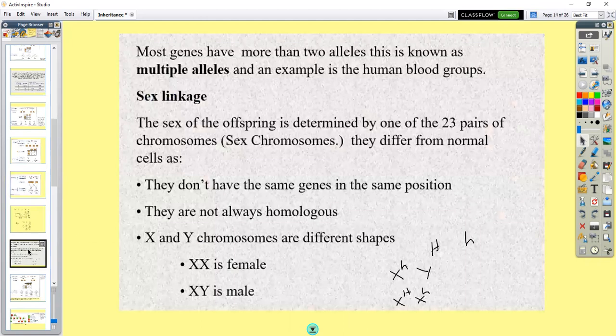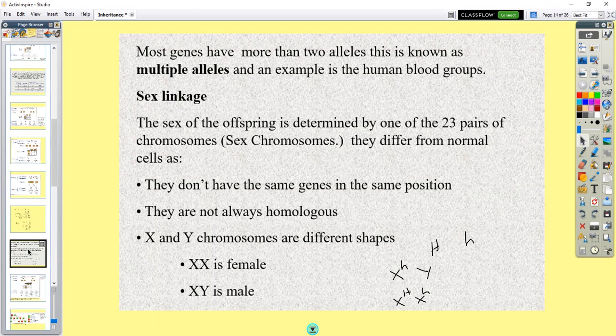Okay. Also, conditions can be linked to the sex chromosomes, so carried on the sex chromosomes essentially. Usually this is on the X chromosome. In the case of, for example, hemophilia, which is a recessive disease, it is just carried on the X chromosome, so there's no little letter on the Y. Males could either be X small h Y or X big H Y. Females can be X big H X big H, X big H X small h, or X small h X small h.